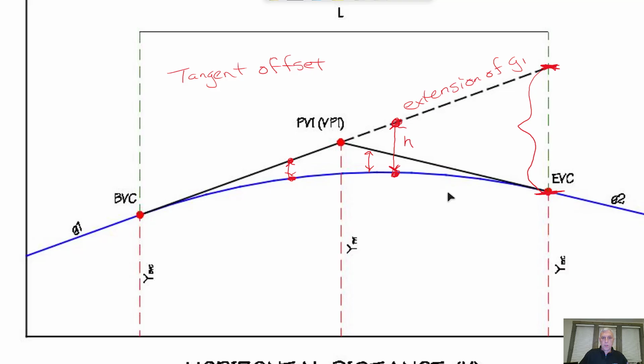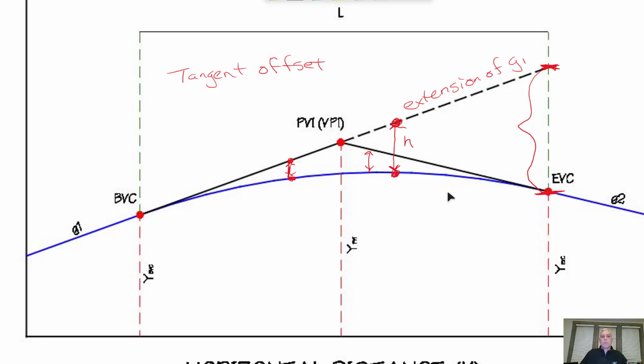Tangent offset is important in engineering because that's a method we use to base calculations in which we need to consider the clearance under a bridge or the clearance over a culvert. So the tangent offset is a clearance.